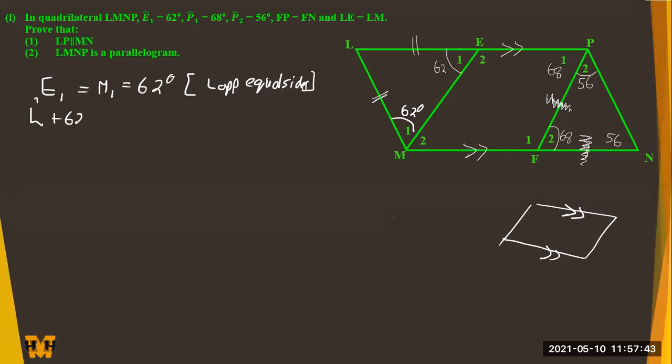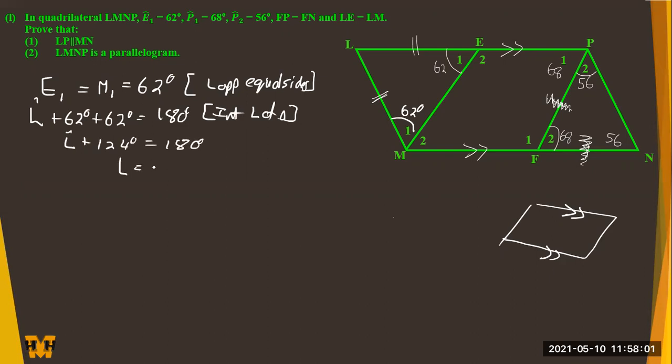L plus 62 plus 62 equal to 180. Interior angles of a triangle. So angle L plus 124 is equal to 180. So L is equal to 56 degrees. And we just fill it in there. So this one is 56 degrees.